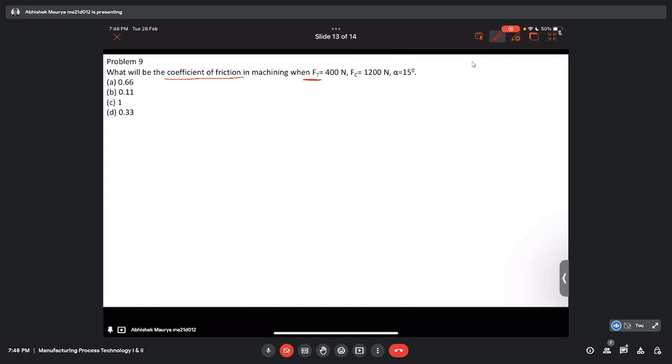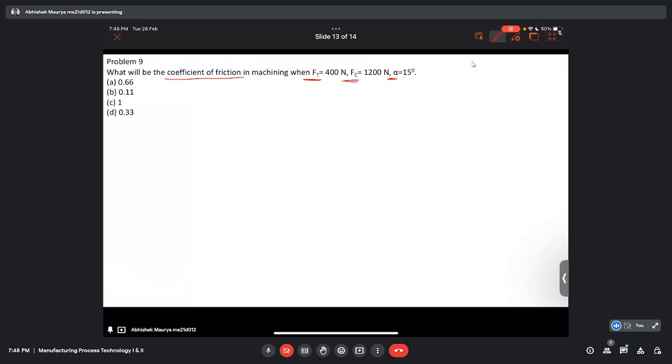Ft. What is Ft? Ft is the tangential force. And what is Fc? It is the cutting force. And what is alpha? It is the rake angle. So we have been given the cutting force, tangential force, and alpha, and we are looking for the coefficient of friction.